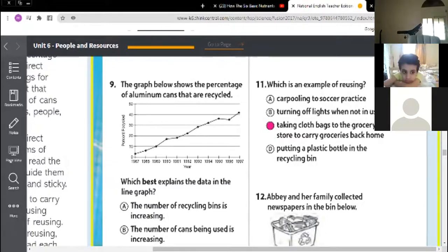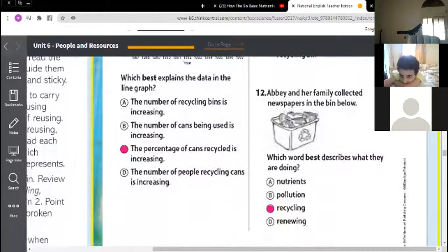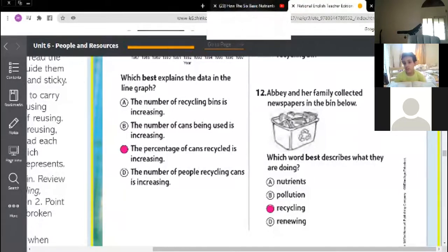Yazan, number 12. Abby and Perry's family collect newspaper in the bin below for recycling. What's the meaning of recycling? When you drink a plastic bottle, you do not put it in the trash can, you need to recycle it.